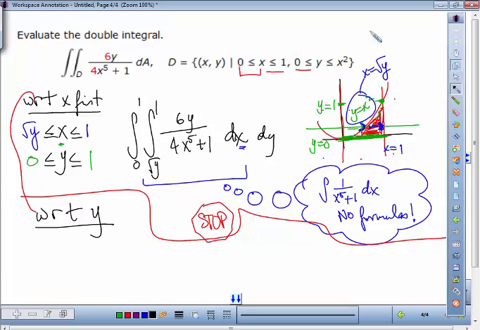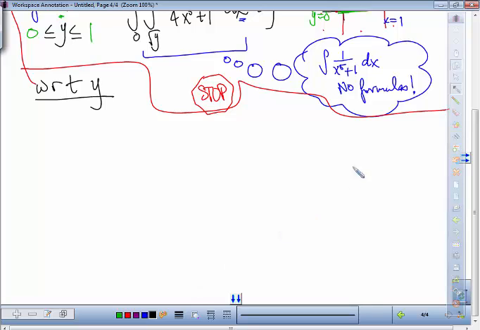Now, I kind of butchered this picture already, so maybe I need to redraw that picture again. So let's redraw that picture again. So this time, I'm going to integrate with respect to y first, and then with respect to x.